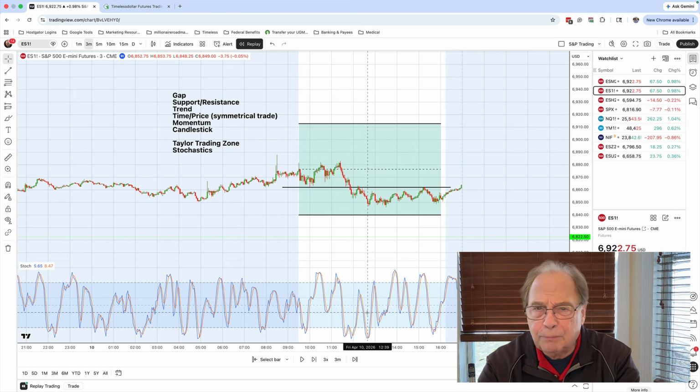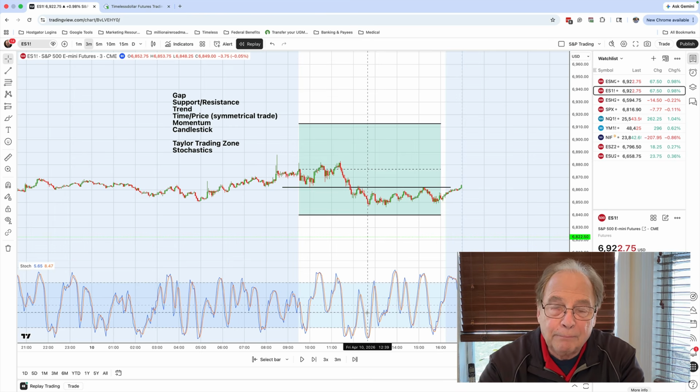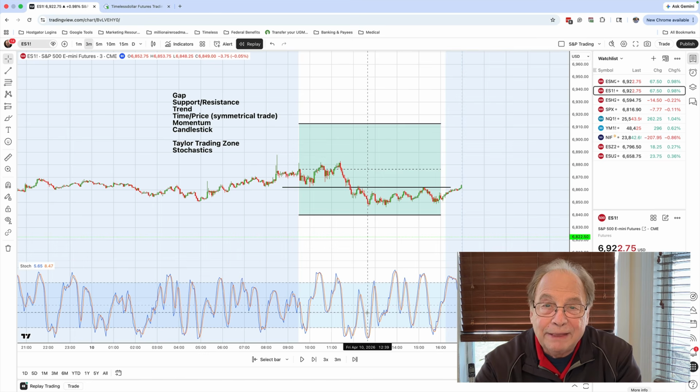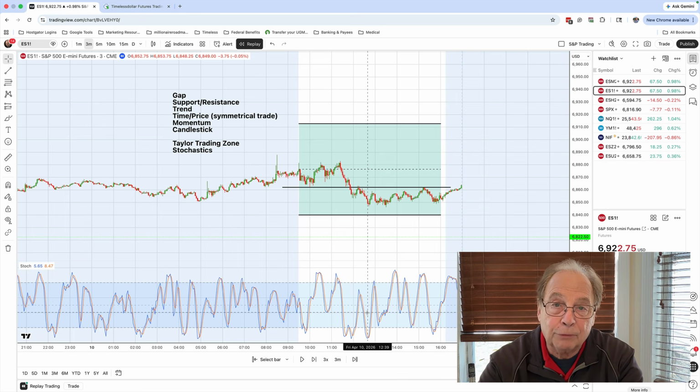There are construction numbers in between, and you can, again, find out more about it by reading George Taylor's book. If you can get past the first chapter, you won't. Or you can check out my site that explains visually what the Taylor Trading Zone is and how the calculations are put together, the basis of the 12 formulas.